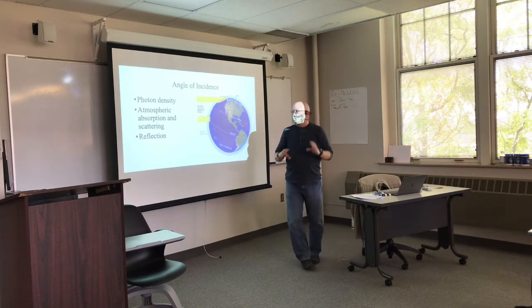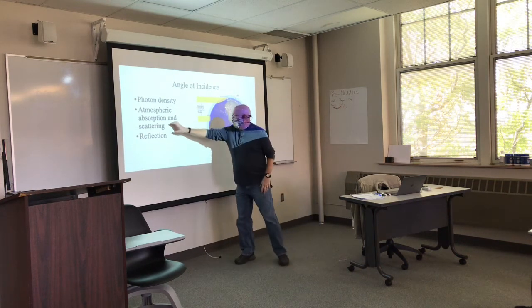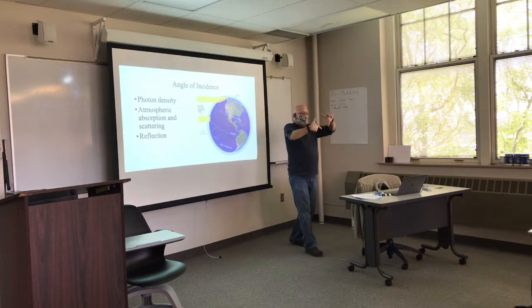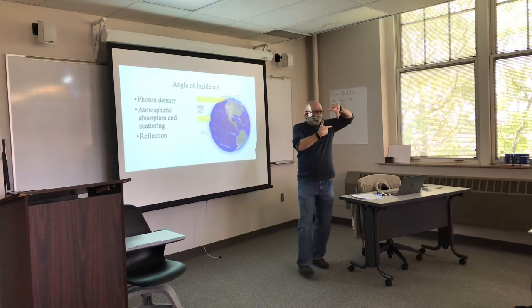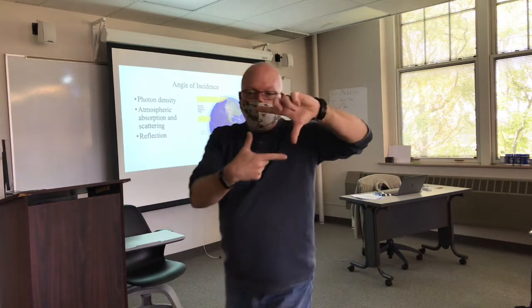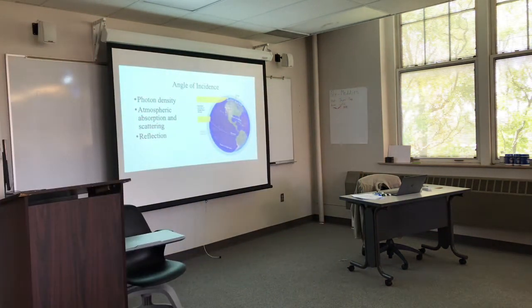Imagine the sun is hitting the Earth at a 90-degree angle, and there's a 1 square meter area of sun coming to the Earth through space. When it gets to Earth at the equator, that 1 square meter of photons is hitting 1 square meter of the surface of the planet.